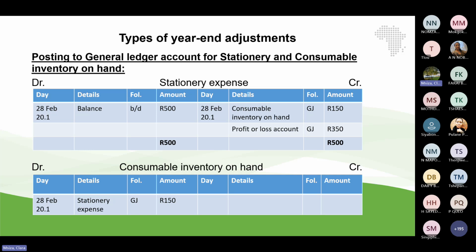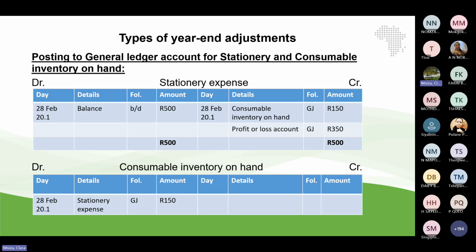Then we also have your statement of financial position. Where are we going to put the other amount? Remember, the basic accounting equation: what you do on the left, you do on the right. Assets equal liabilities plus equity. So we need to balance. So what goes to your statement of financial position?